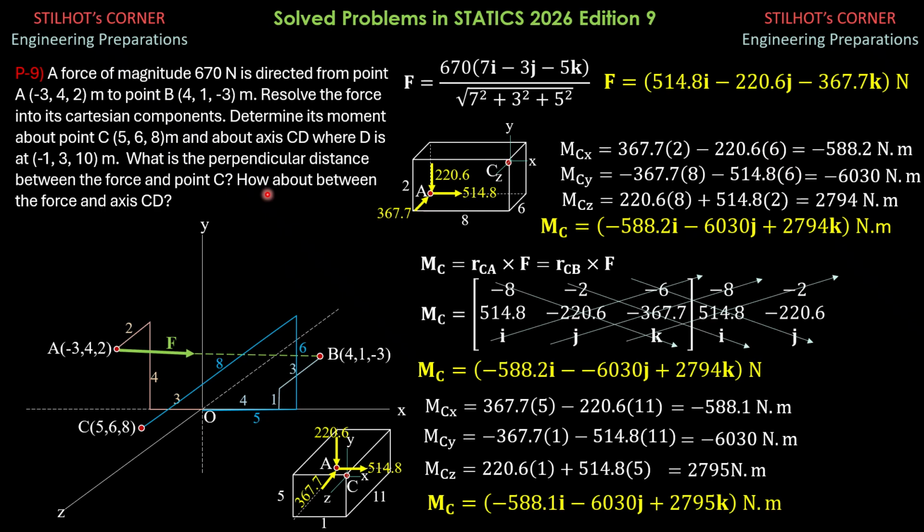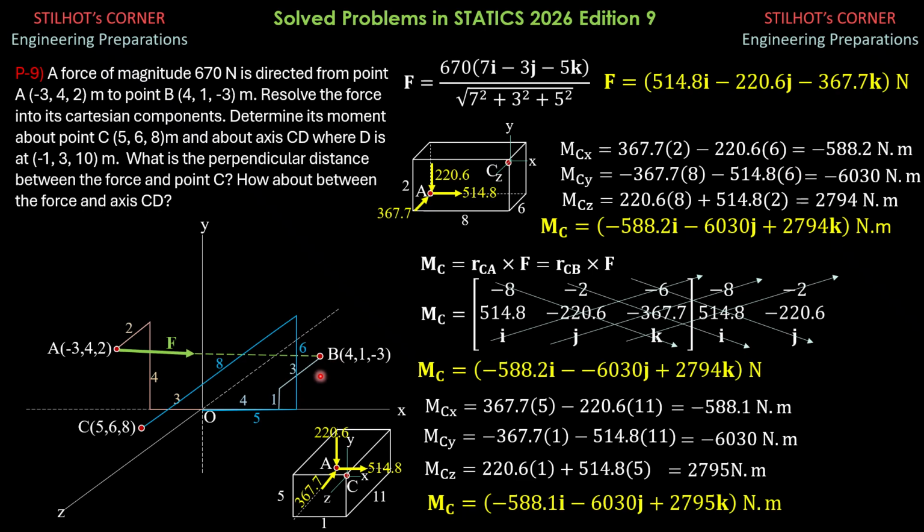Let's continue this for the perpendicular distance between the force and point C, then the perpendicular distance between the axis of the force and axis CD, for which we will compute also the moment about CD. Now, I will also present on the next slide the moment about C in vector form.